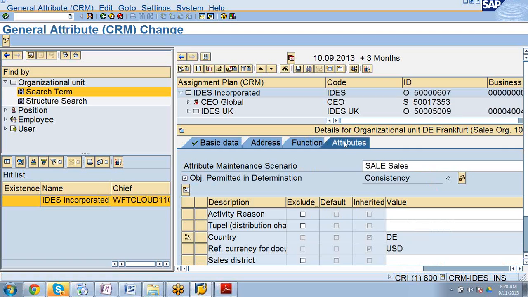Go to attributes. Circle this, country and currency. Write this tuple. Tuple means distribution channel plus division. Tuple, country, currency.